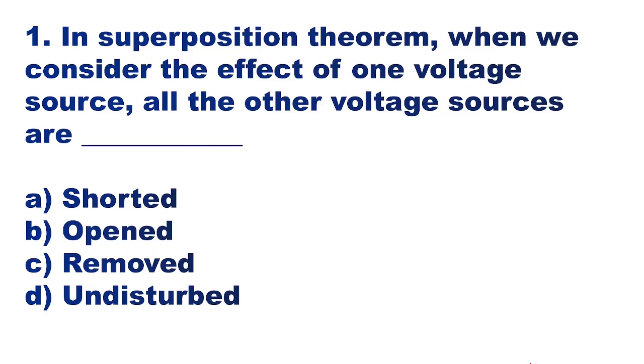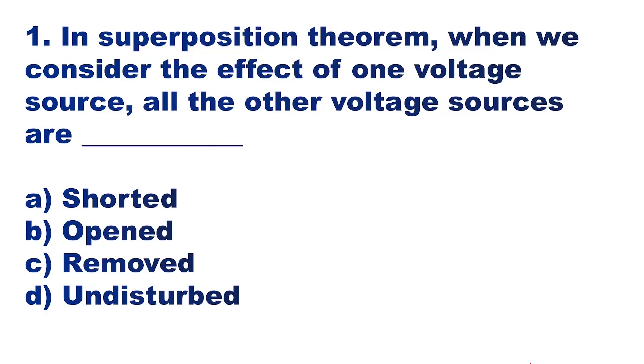So here, if we remember what was superposition theorem, it stated that in a linear bilateral electrical network consisting of many sources, the current through or the voltage across a particular element is equal to the algebraic sum of the currents or voltages produced independently by each source. Now this is important.